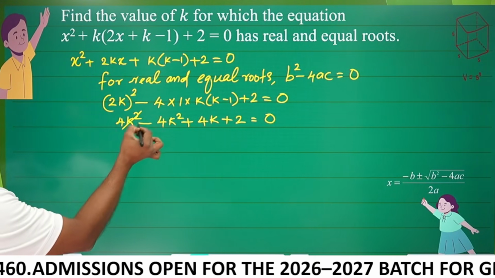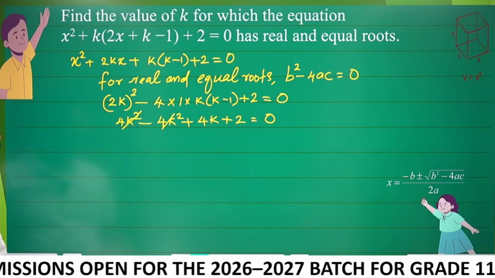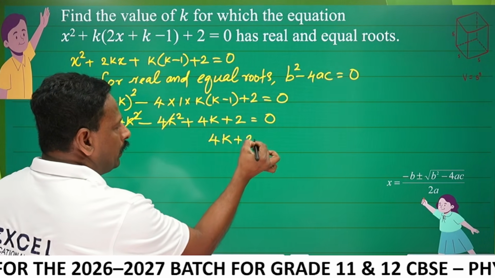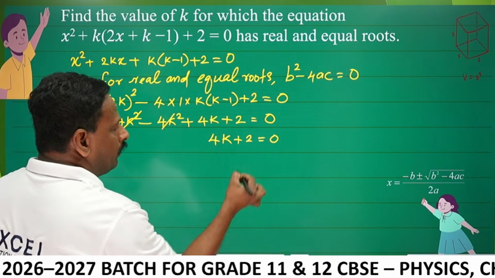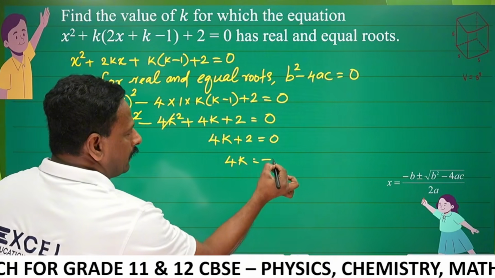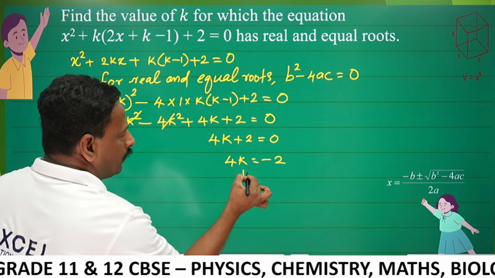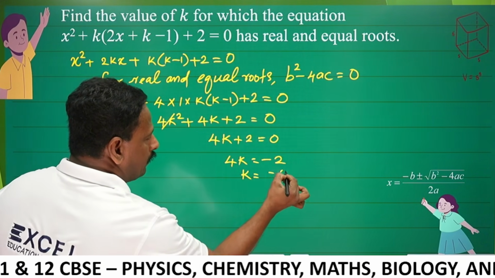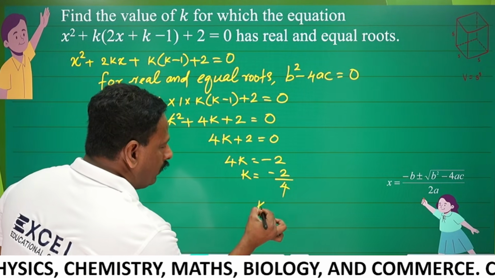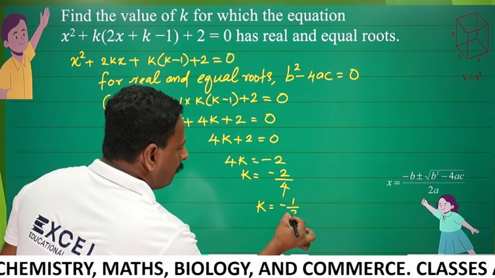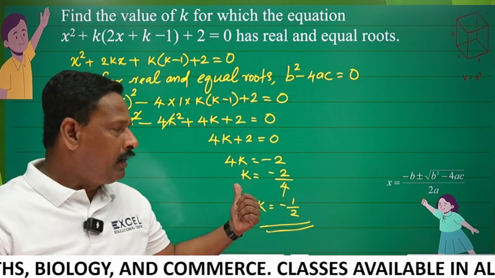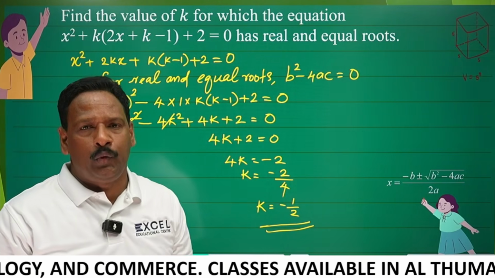Here 4k minus 4k becomes 0. So what remains is 4k plus 2 equal to 0. 4k equals negative 2. So k will be negative 2 by 4. And what is negative 2 by 4? That is negative 1 by 2. So we got the value of k. The value of k is negative 1 by 2.